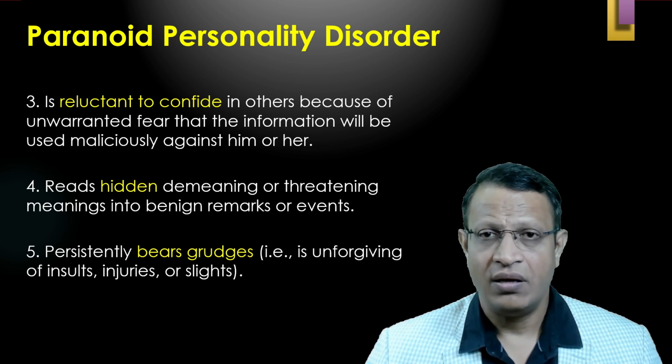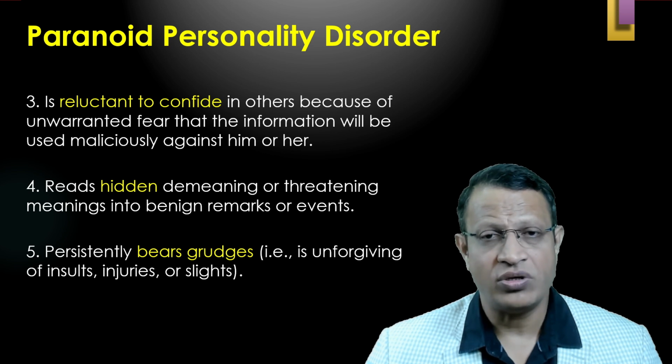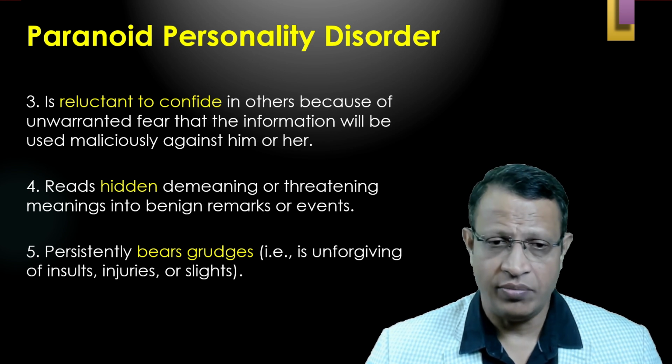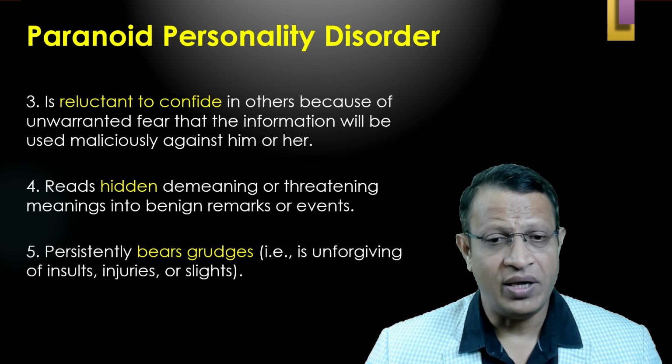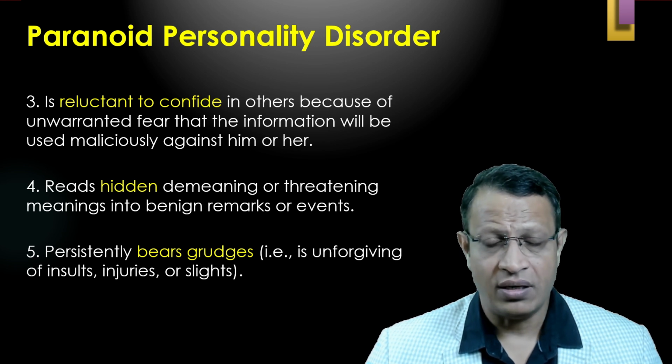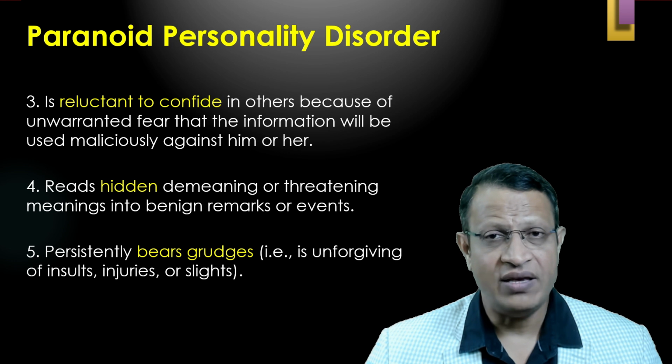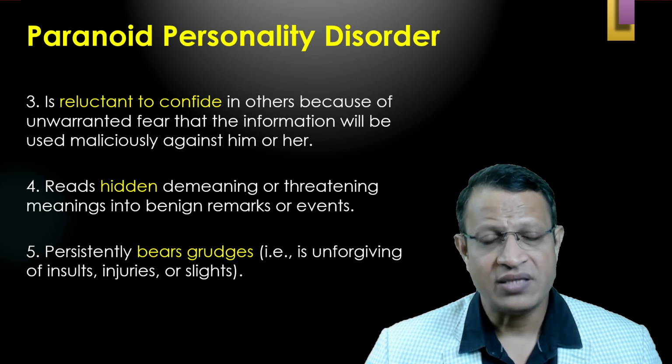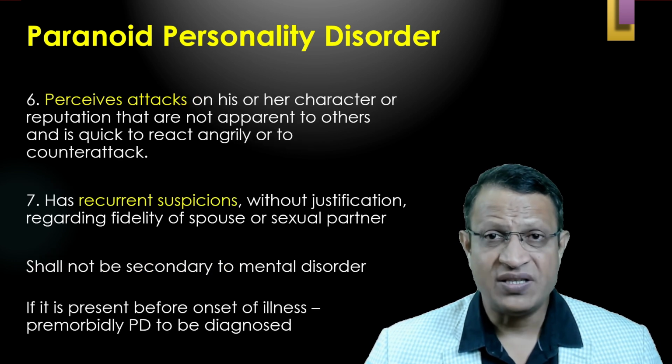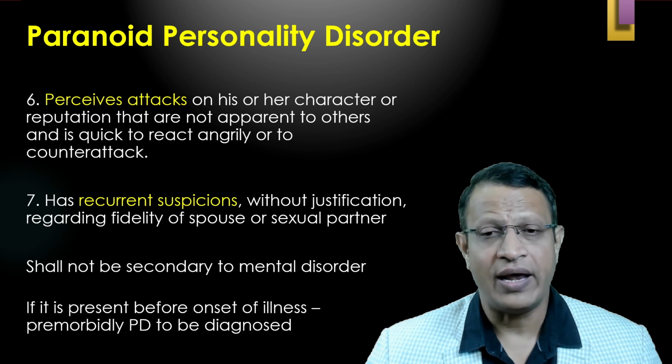They feel the events occurring around them are pertaining to them. Persistently, they bear grudges and are unforgiving of any insult, injury, or slightest comment. They perceive attacks on their character or reputation that are not apparent to others.